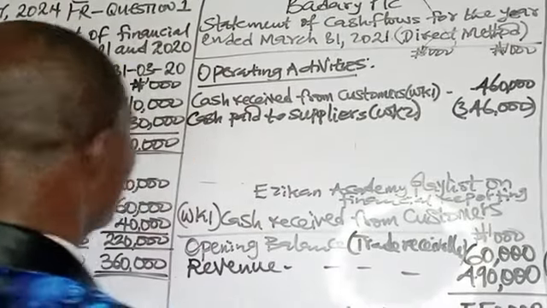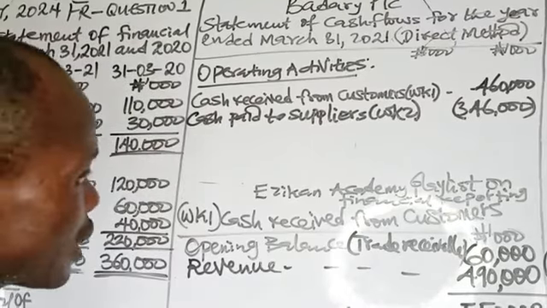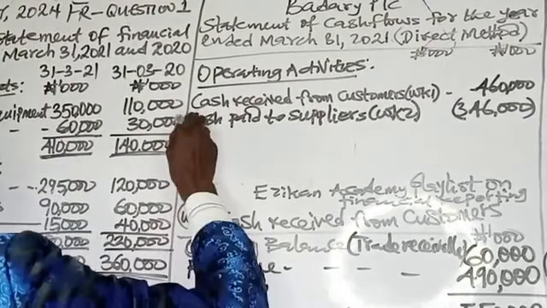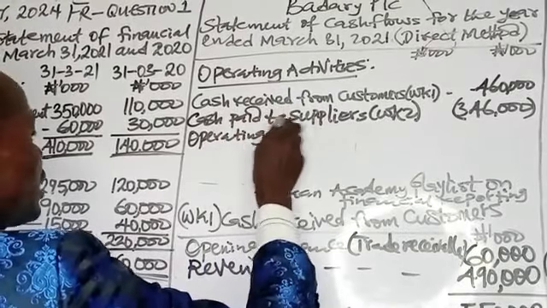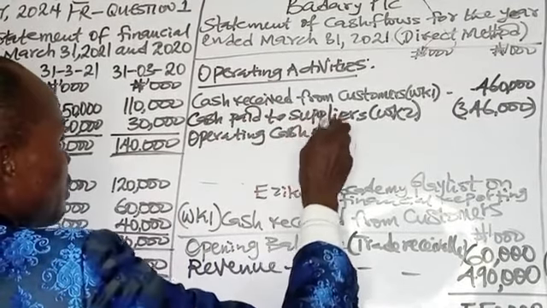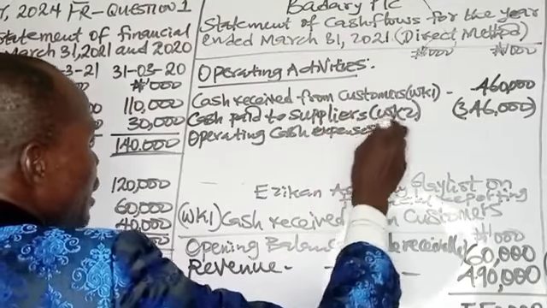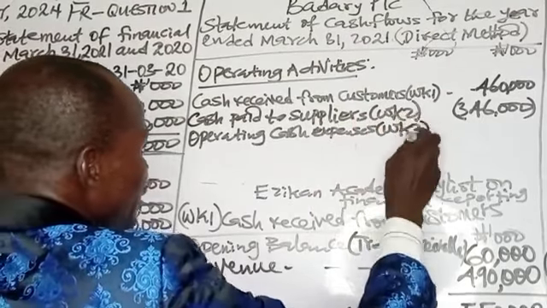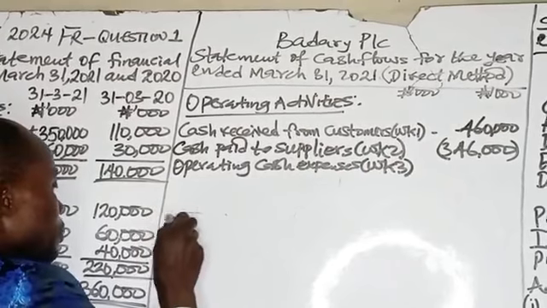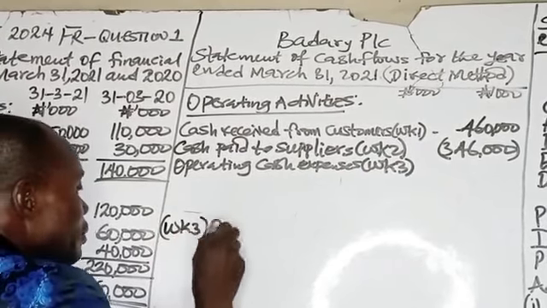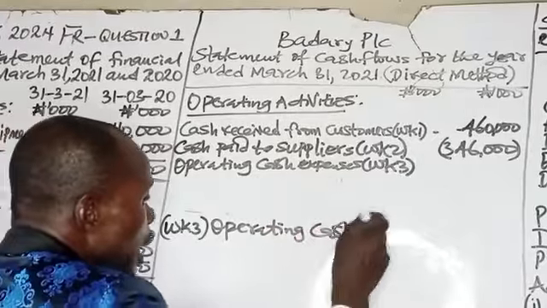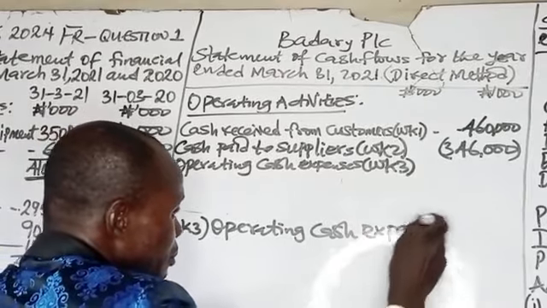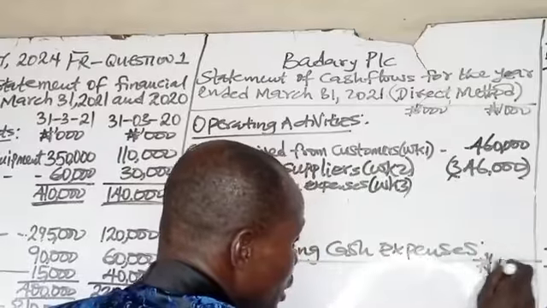Then after cash paid to suppliers, we have operating cash expense paid. Let me have this as working number 3, operating cash expense, amount in 1,000.